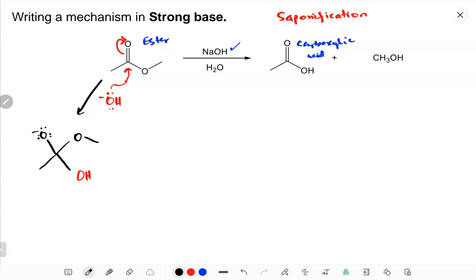So what happens next is that these lone pairs will tend to flow like this and will end up eliminating this methoxy group. This is OCH3. This is the methoxy group, and it will give you this carboxylic acid. But the question is, will the reaction stop here?